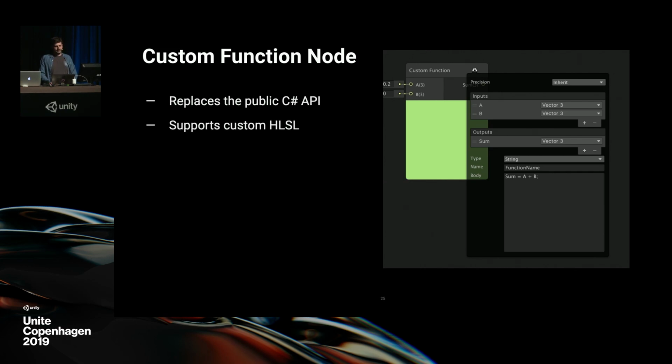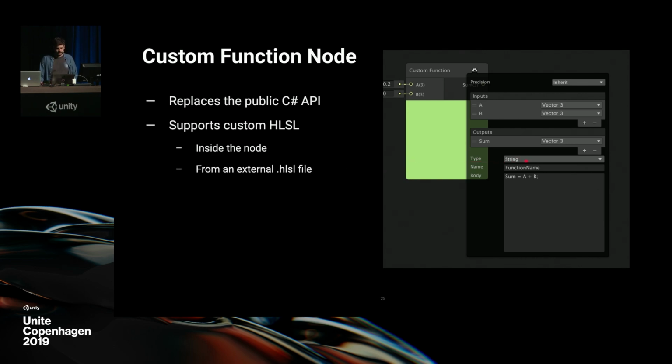It supports custom HLSL, both inside the node, as you can see here in this image. You see here in this little box, sum equals A plus B. Sum is obviously one of the outputs, and A and B are two of the inputs. You can barely see here, A and B are here as input ports, while sum is currently covered. But anyway, this is HLSL inside the node, and then the other way is from an external HLSL file.